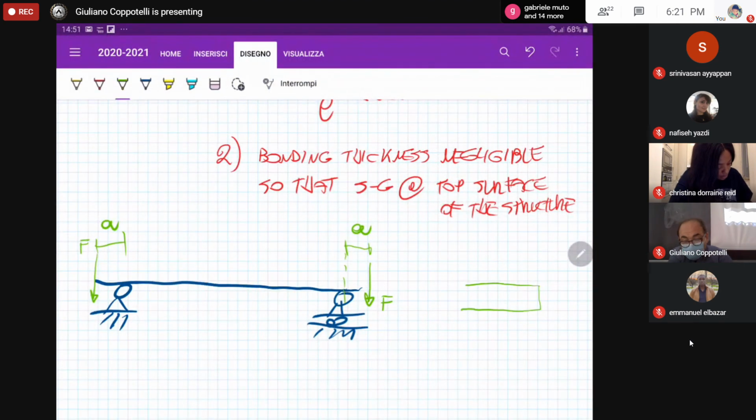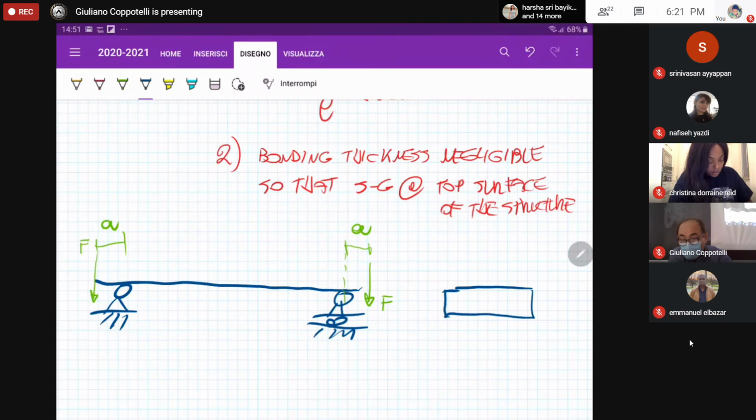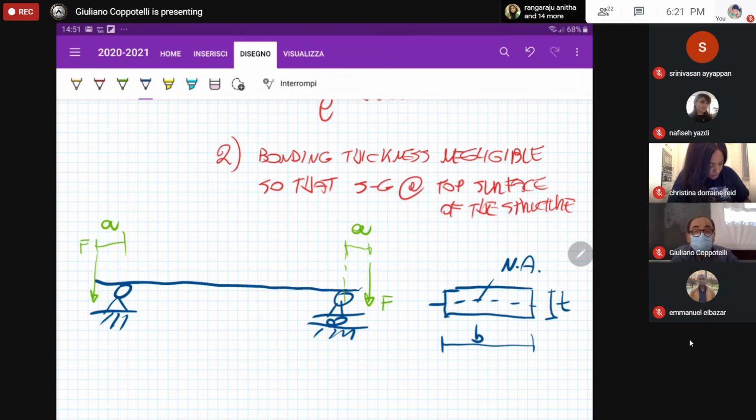Sorry, change color. Homogeneous material, thickness T and width B, so that the neutral axis is at the midsection. Okay.